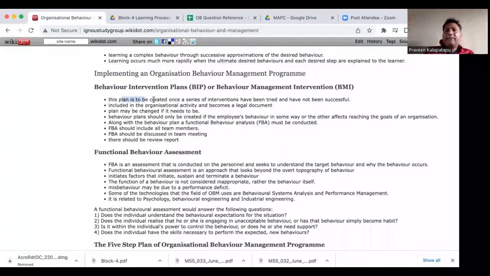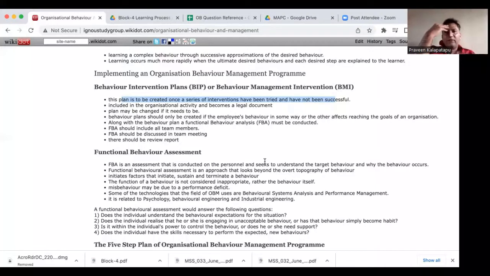This is a plan to be created once a series of interventions have been tried and have not been successful. Basically, there is something you wanted to achieve, and a series of interventions were created to achieve that, but you found that employees are not going towards it. They are behaving oddly and are not up to your expectations.